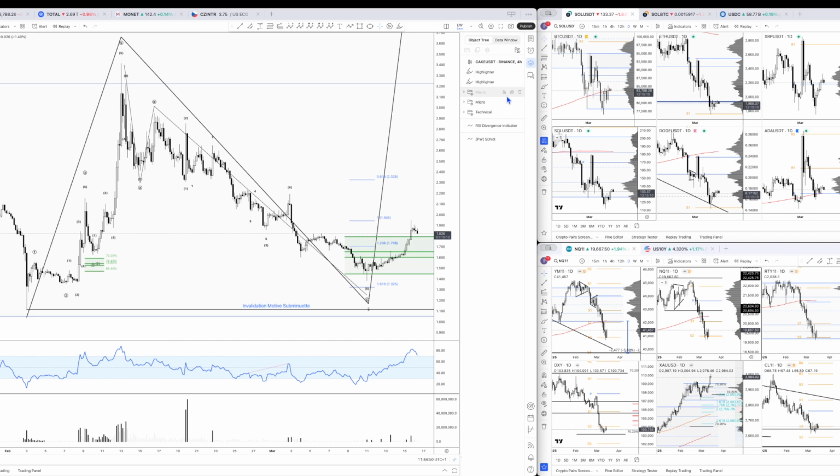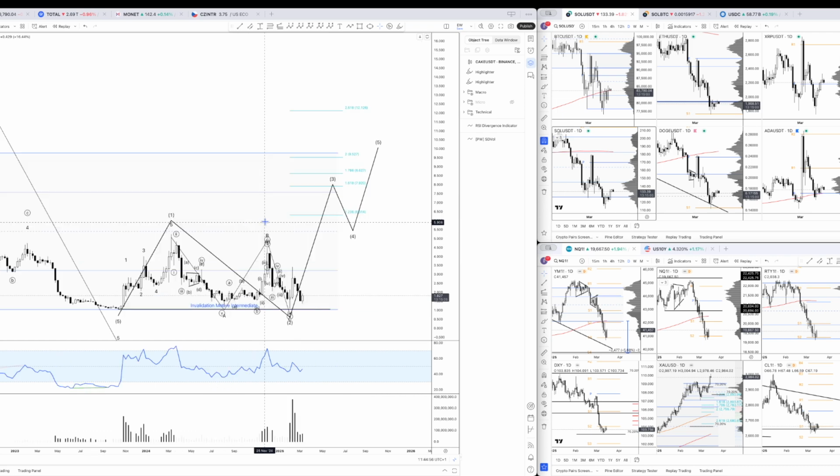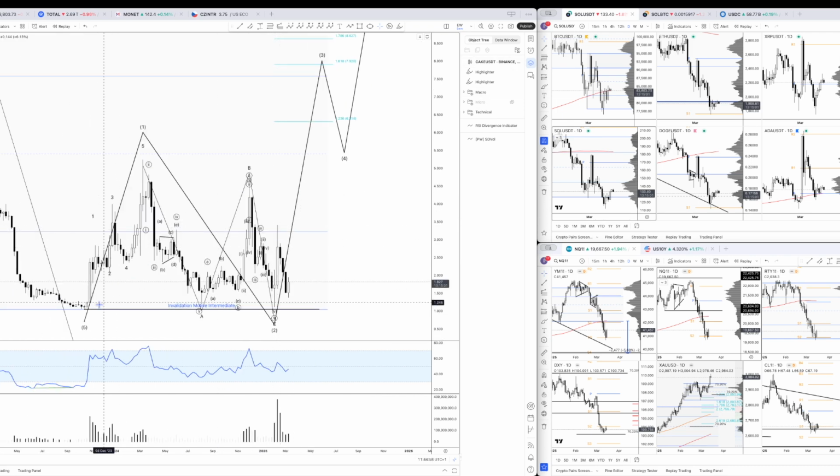Oh yeah, before I do that, the estimated target for this intermediate wave, I'll go back to the weekly. So we have wave 1 completed as a leading diagonal, then we have an ABC. Wave 3 has a minimum expected target of 7.92, so let's call it $8, give or take.